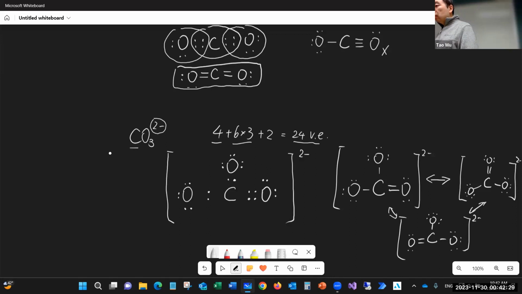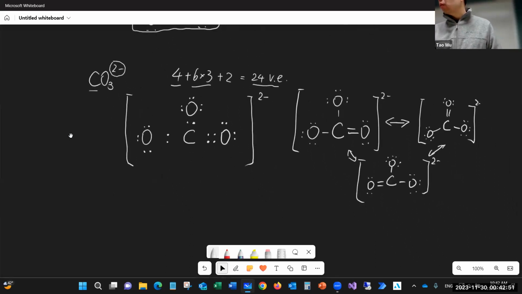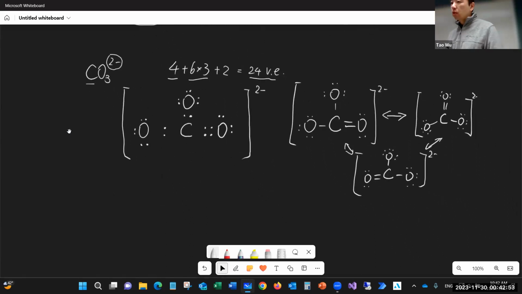So those are not exactly 2 bonds, and this one is not exactly 1 bond. They share 1 and 1/3 bonds each. But in the Lewis structure we cannot write that, so we just write it like this, and this is what we call the resonance structure.